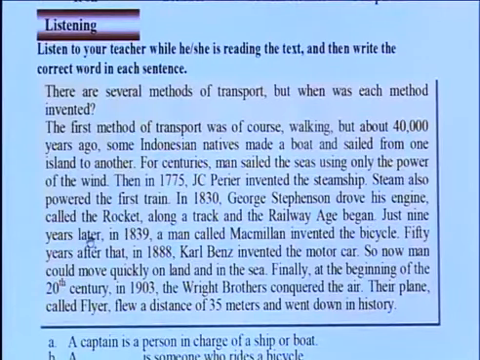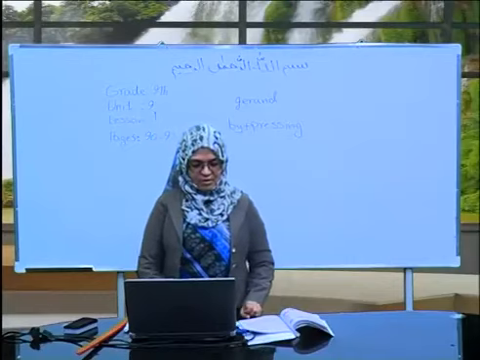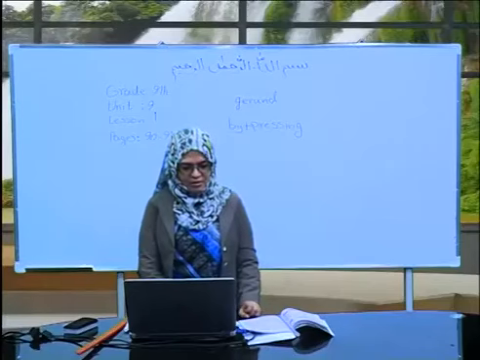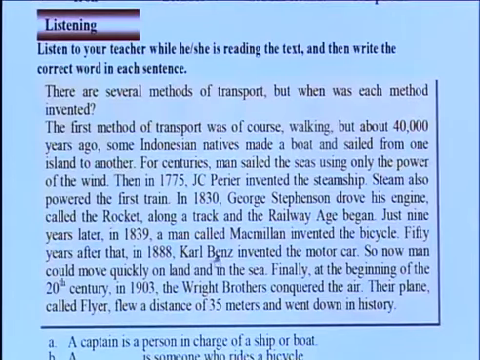Just 9 years later, in 1839, a man called Macmillan invented the bicycle. 50 years after that, in 1888, Carl Benz invented the motor car, the engine we use in cars.